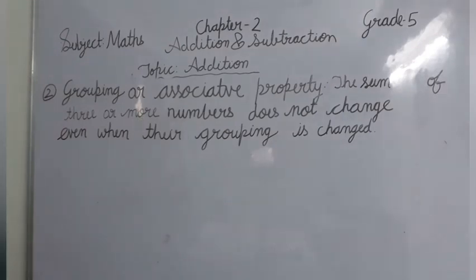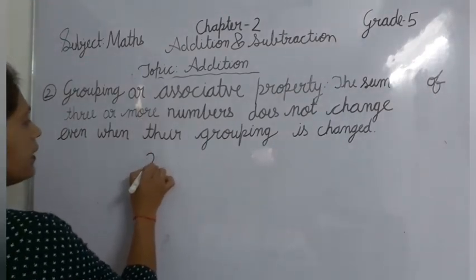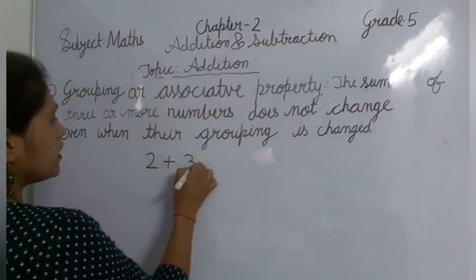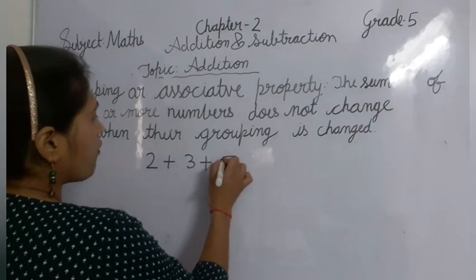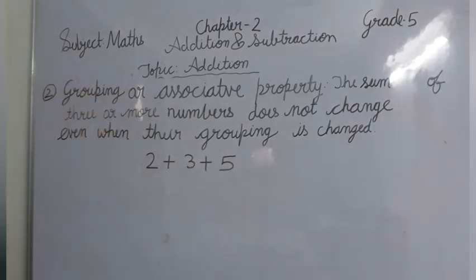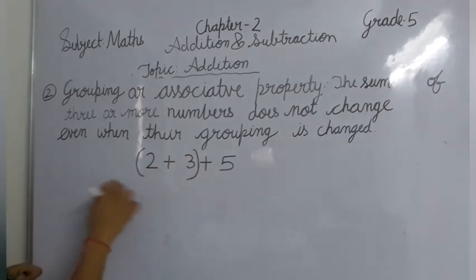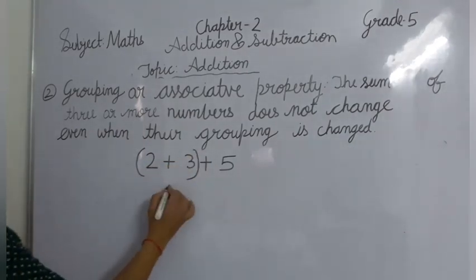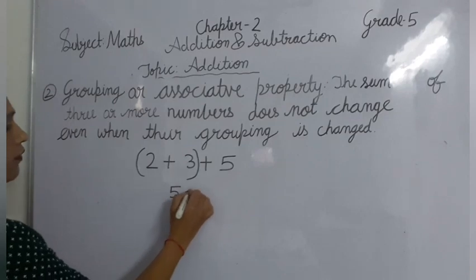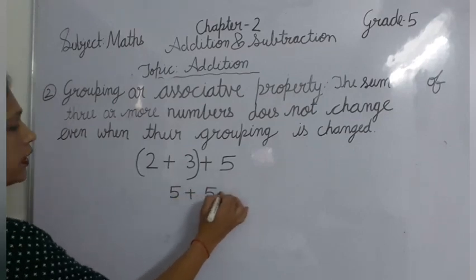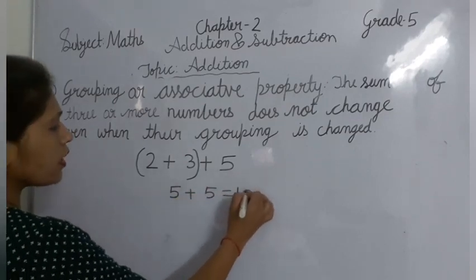For example, if I am taking 3 numbers, I am adding them 2 plus 3 plus 5. Okay. So now I am making the group. So first I will add 3 and 2. 3 and 2 makes 5, and then 5 equals to 10.